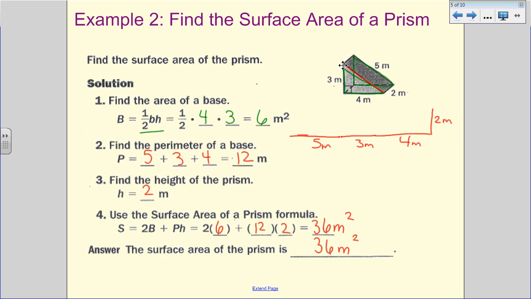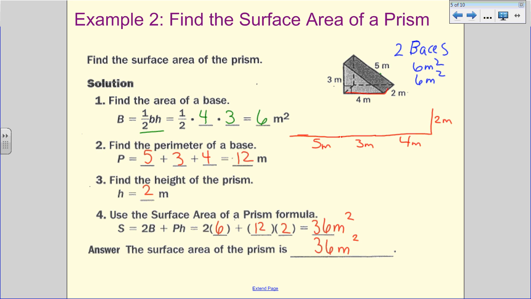Looking at this triangle folded out to create this rectangle that's wrapping around the sides, we can still find the area of each of those. We have 3 times 4 times 1/2, which gives me 6 here and 6 on the back side. So I have my 2 bases, and those are each 6. Then we have the lateral sides.